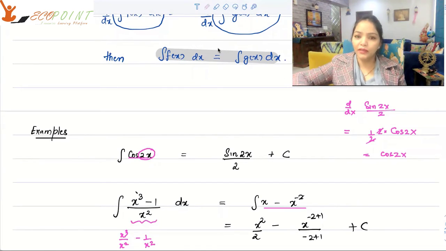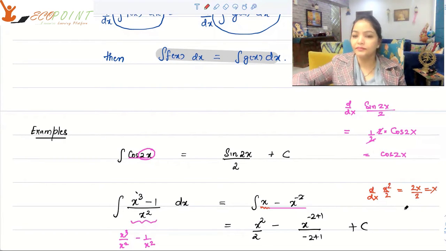Now for this one, try to understand that the derivative d by dx of x square by 2 will actually be 2x upon 2. So that will be x. Since that will be x, that is why the integral of x is x square by 2.